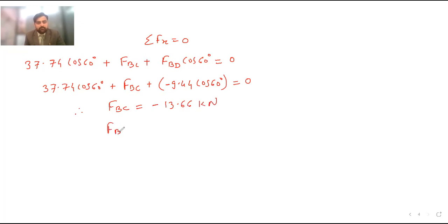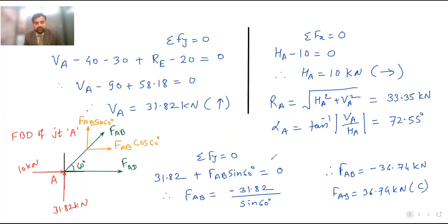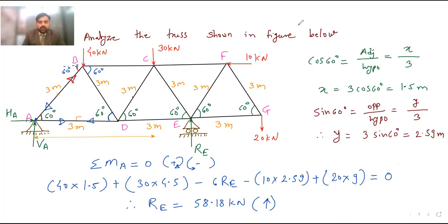It means that FBC is equal to 13.66 kilonewton compressive. So FBC is compressive and FBD is also compressive. So here you should show the arrows. BC is compressive and BD is also compressive, so the arrow must be towards the joint.